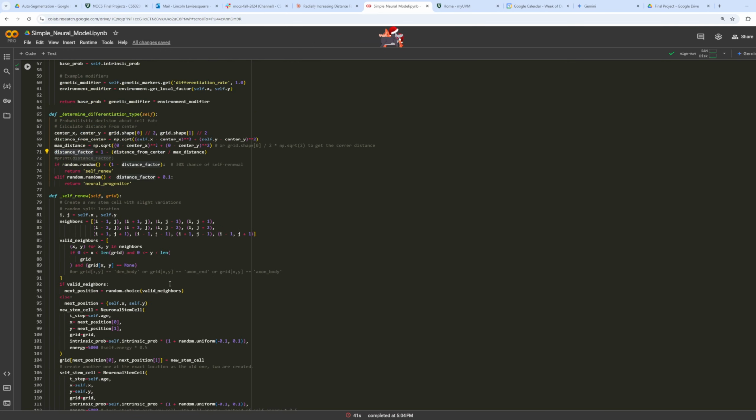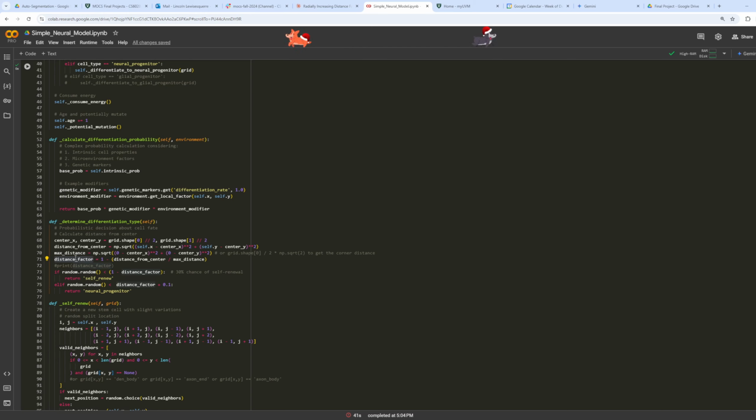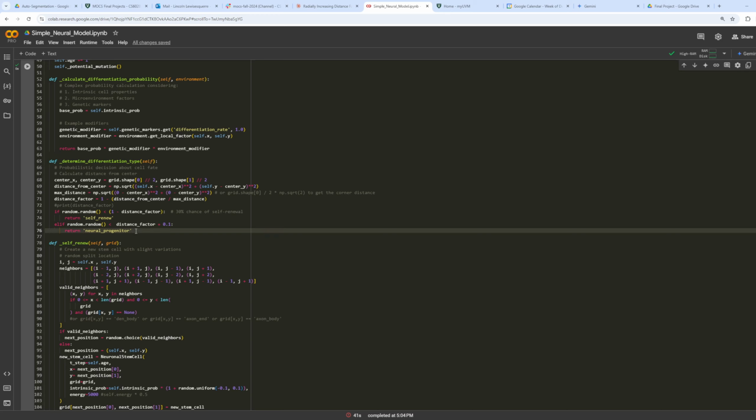So if I go back up here, that means that, okay, 1 minus distance factor, as the cell is further away from the center, it becomes less likely to self-renew and more likely to become a neuron, which is just a biologically skewed way of getting it to display the relationship that is realistic. But it's a good way of doing it because it models the correct result.